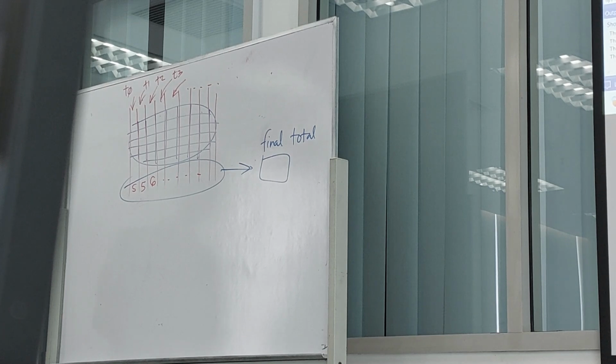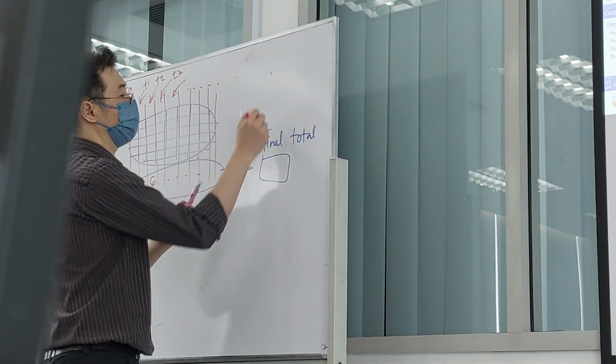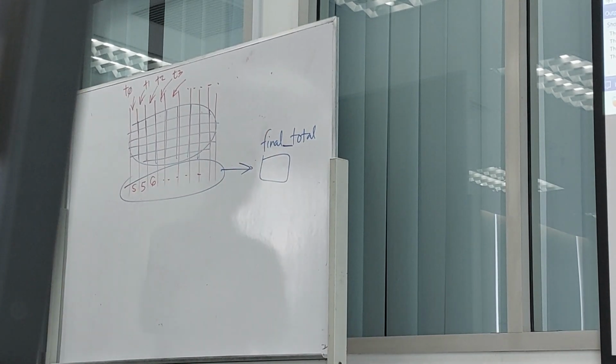Now, suppose you don't do this subtotal. Everybody is sharing this final total. Let's call it final total. It's one variable, shared data. Initially it was 0.